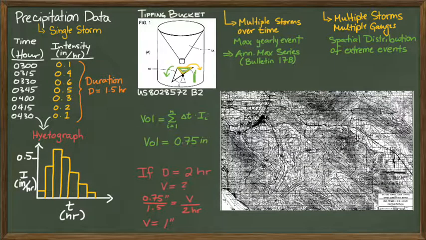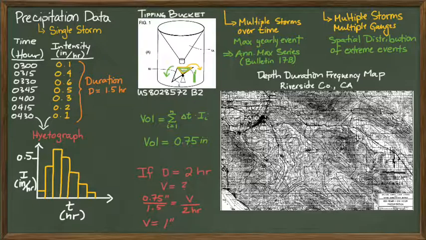Here's an example of those maps. This map is called a depth duration frequency map, and you can see on there all these black lines. This map comes from Riverside County in California. Let me highlight some of those black lines. This is saying that this is the 100-year, 24-hour duration storm.